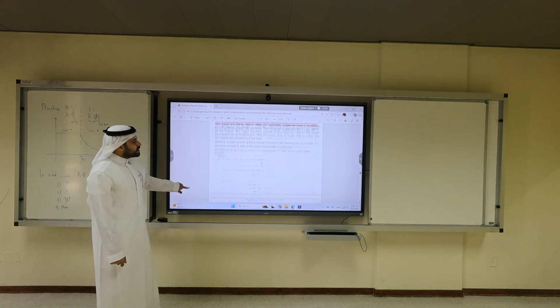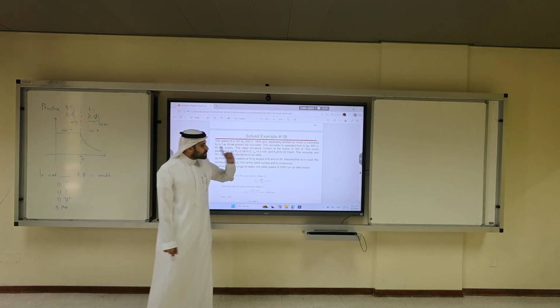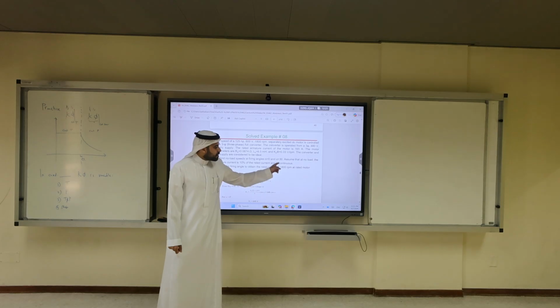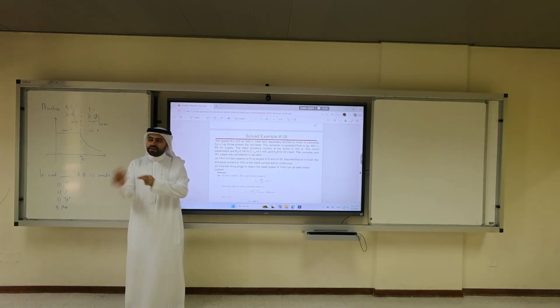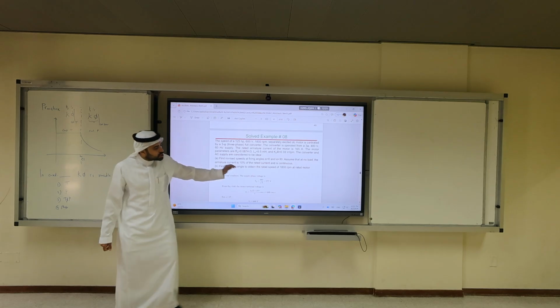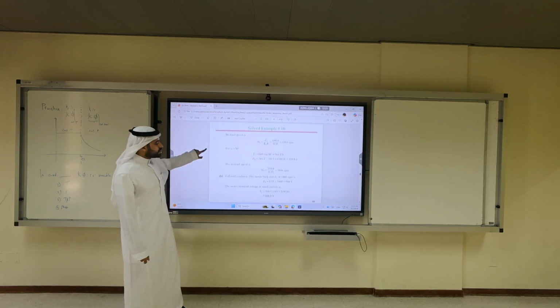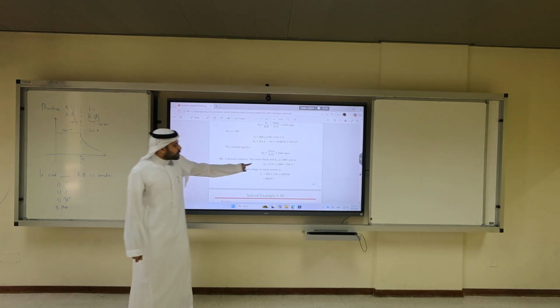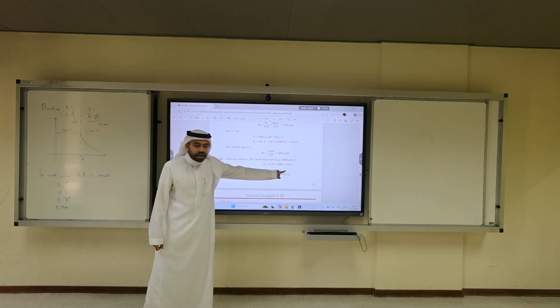The last part is find the firing angle to obtain the rated speed of 1800 RPM at rated motor current. Reverse engineering. We need to start with the speed, get the corresponding what? EA. So let's do it. We got the corresponding EA to be the constant in V per RPM, 0.33 times 1800 RPM.